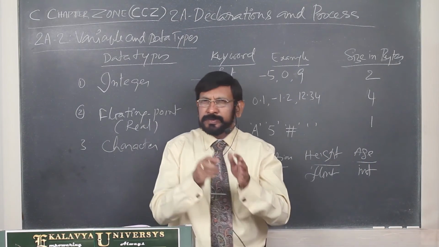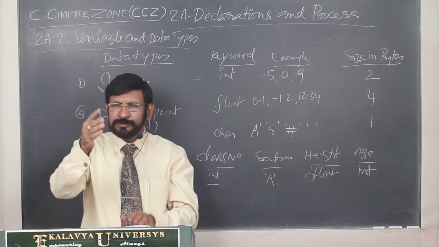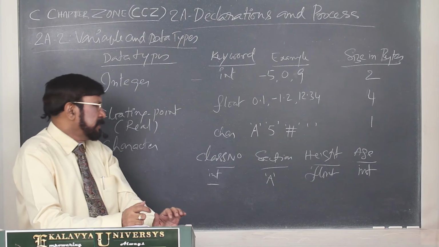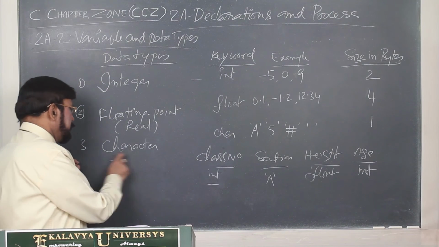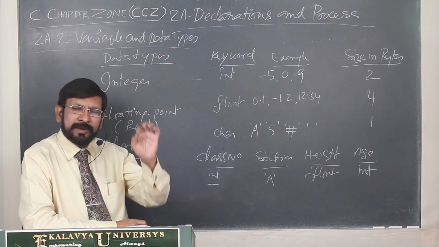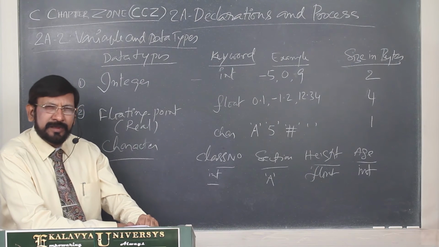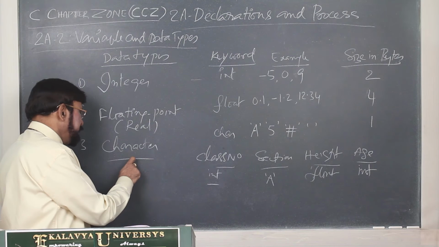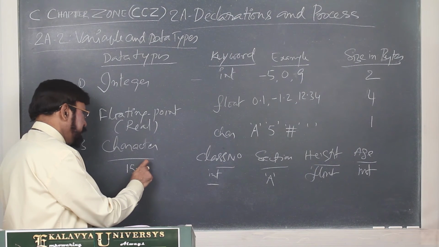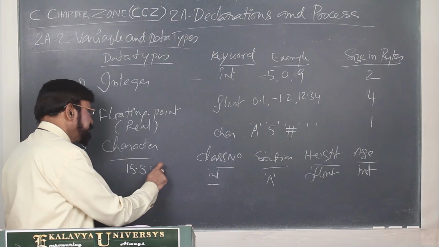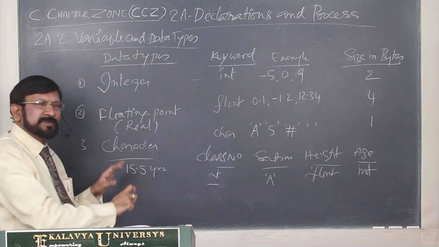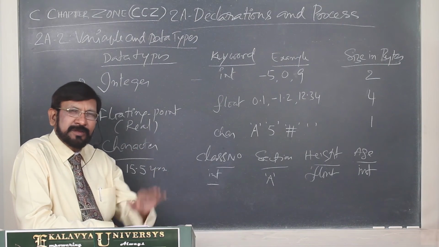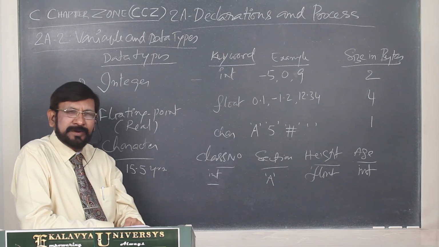But if a specific program or situation demands your correct age, for example the minimum age for admission to 10th class is 15 years 6 months, 15.5 years. Suppose this is the condition. That is the minimum age requirement.